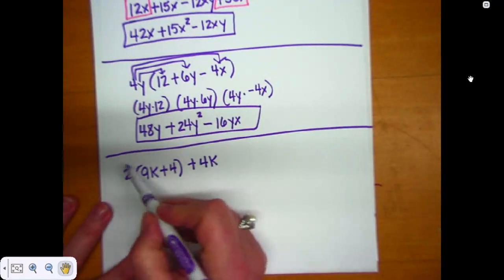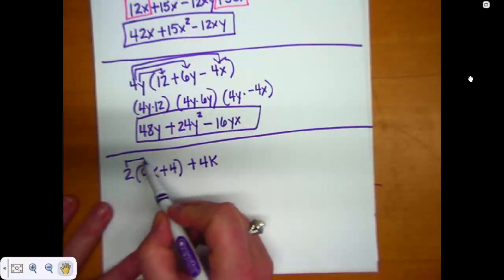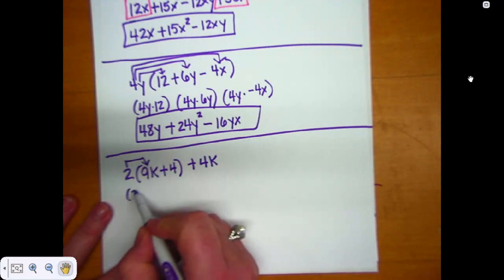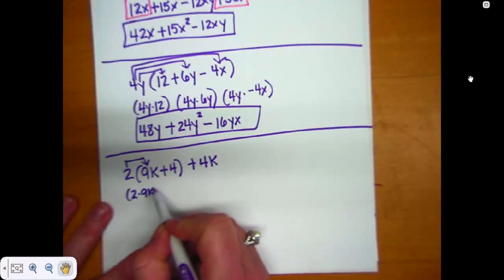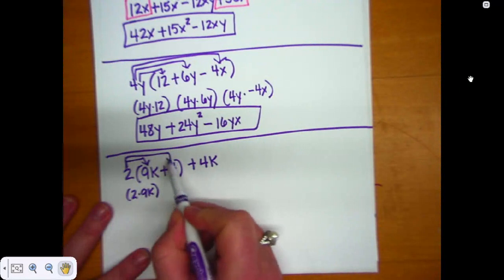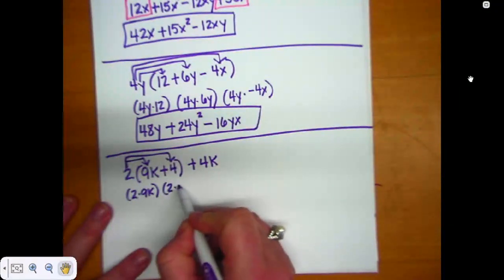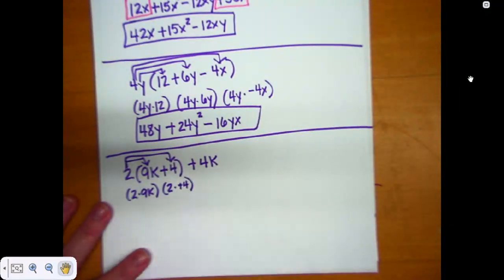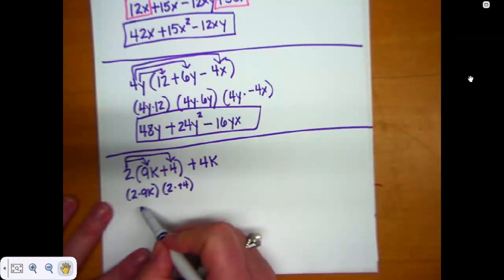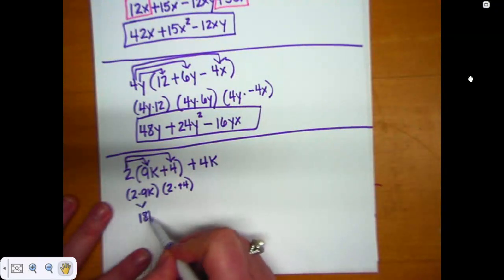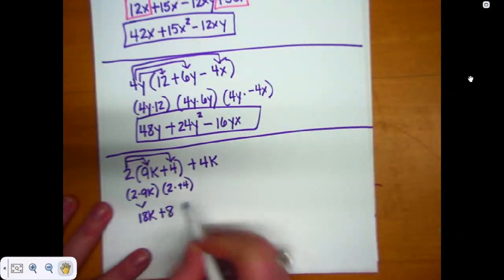So let's distribute this 2. So 2 times 9k, and 2 times positive 4. Okay, so 2 times 9k is 18k, and 2 times 4 is positive 8.